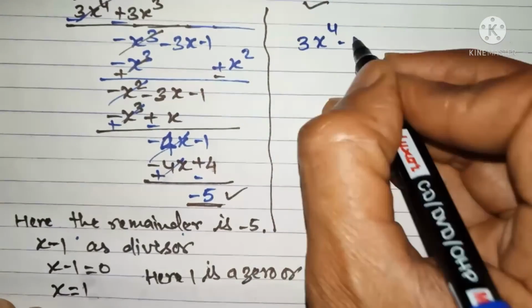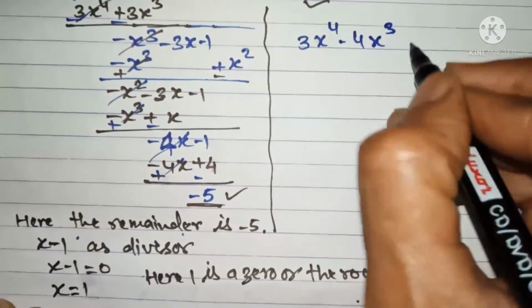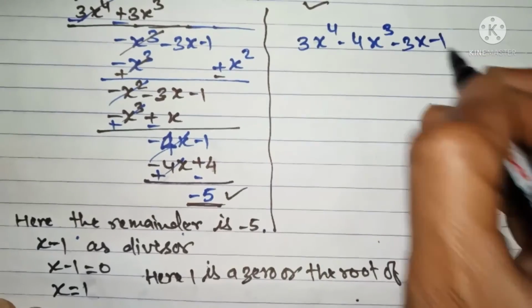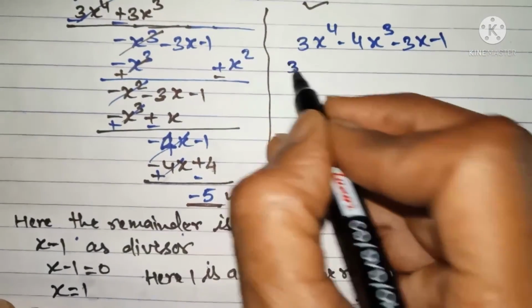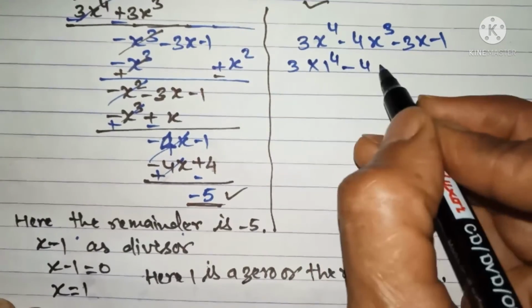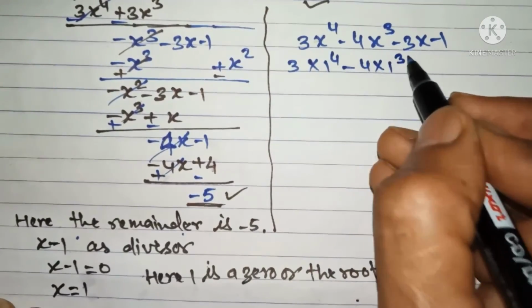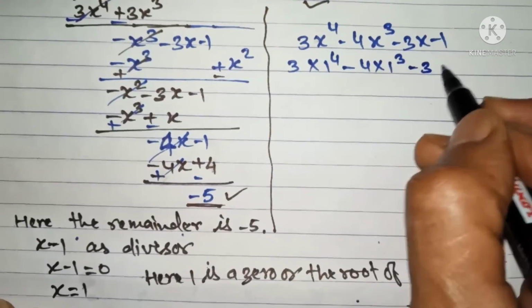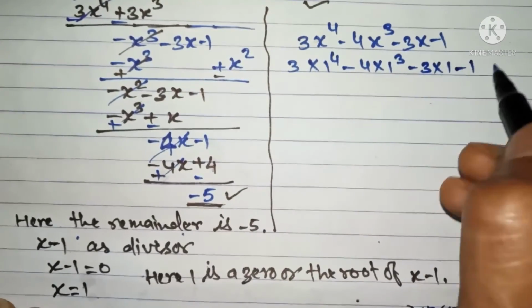3x to the power 4 minus 4x to the power 3 minus 3x minus 1 will be 3 into 1 to the power 4 minus 4 into 1 to the power 3 minus 3 into 1 minus 1.